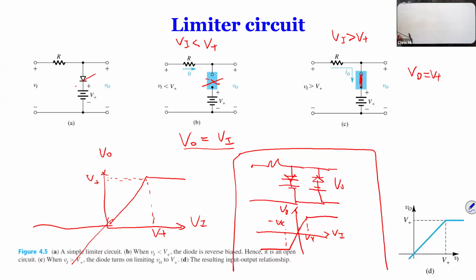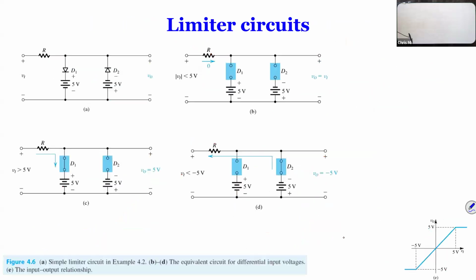Well, if Vi is more than V plus, then the voltage across the diode matters. Current can only go through when the voltage across the diode is positive. So this is really the fundamental.